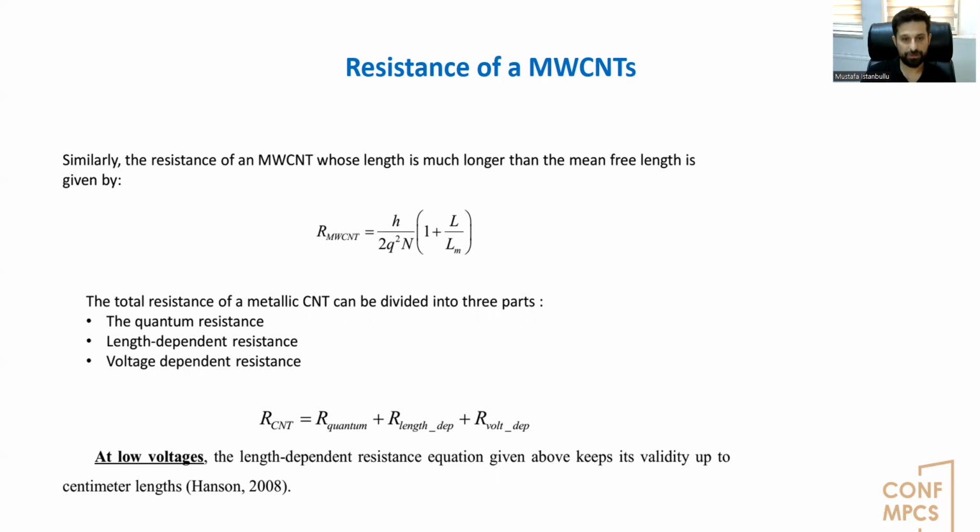Based on the literature, the total resistance of a metallic carbon nanotube can be divided into three parts: the quantum resistance, length-dependent resistance, and voltage-dependent resistance. On the other hand, at low voltages, the length-dependent resistance equations keep their validity up to centimeter lengths.